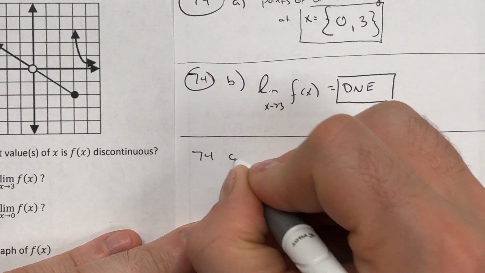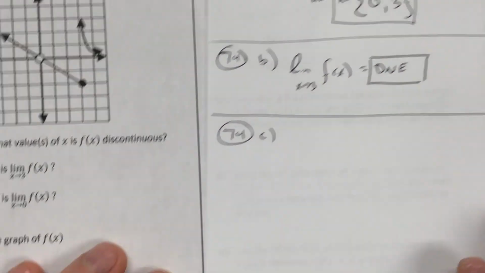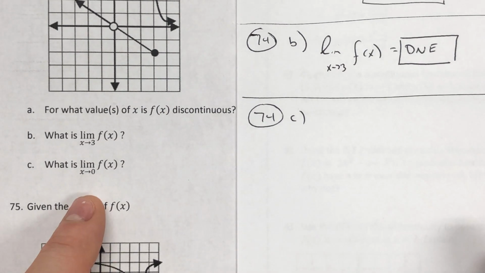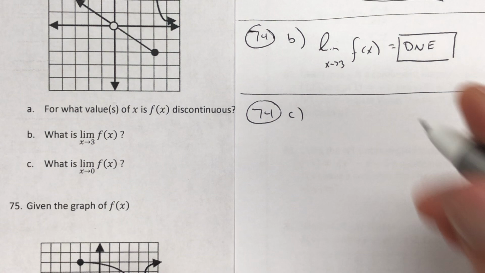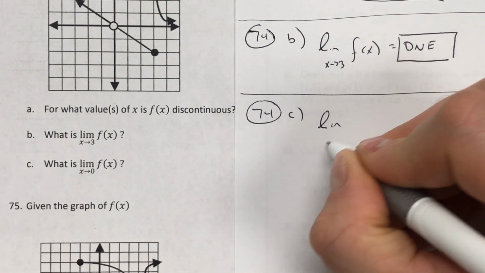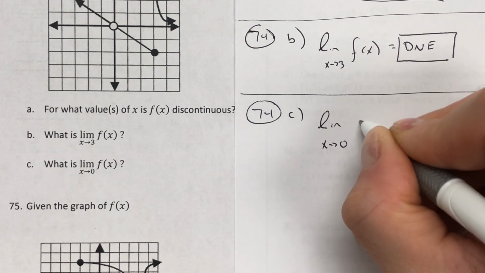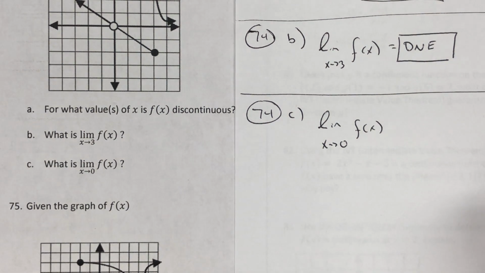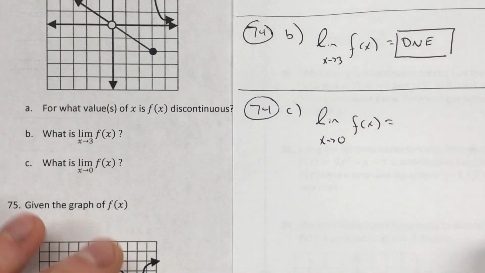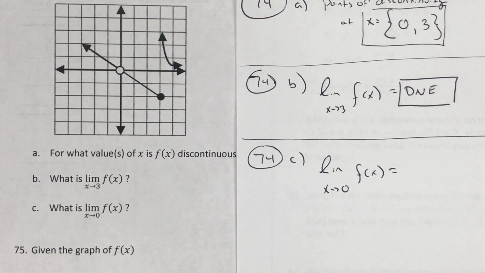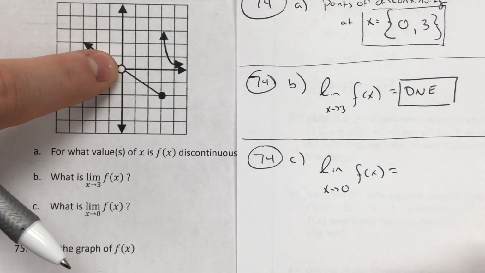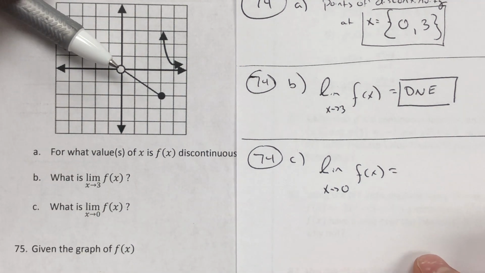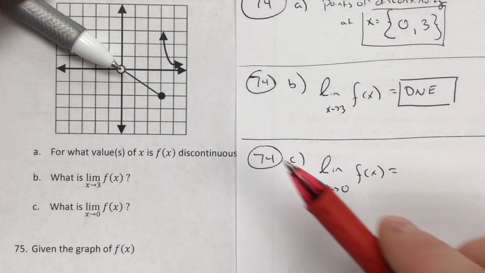Perfect. So 74, part C, last one of this. What is the limit as x approaches 0 of f of x? So again, we're going to perform that same analogy. At 0, I'm going to look at what the graph is doing from the left-hand side. It looks like it's approaching 0.